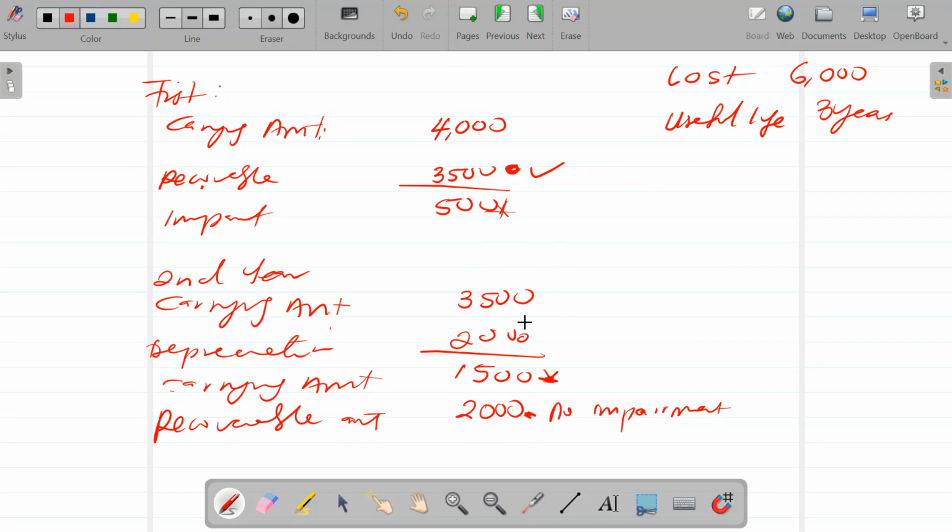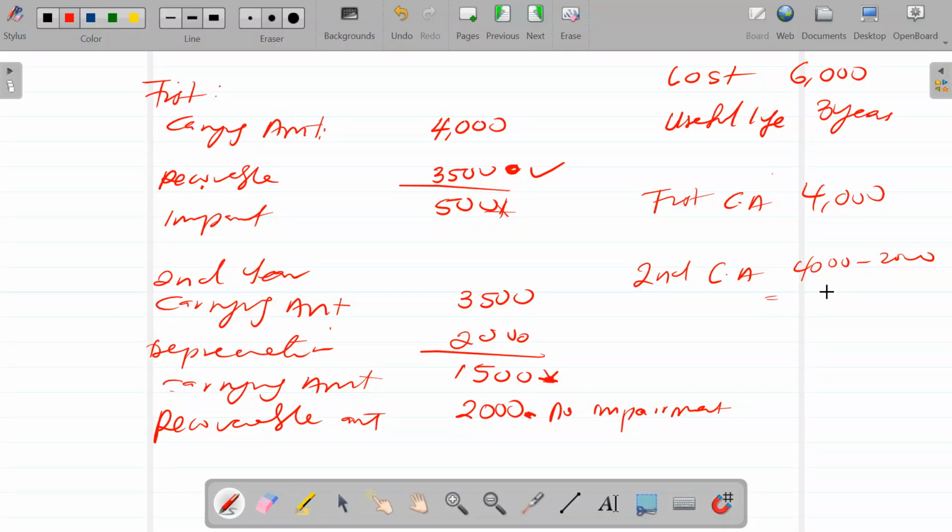So if there was no impairment loss in the second year, the carrying amount would have been, okay, the first year the carrying amount was 4,000. In the second year, if there was no impairment, the carrying amount would have been 4,000 minus 2,000, isn't it?